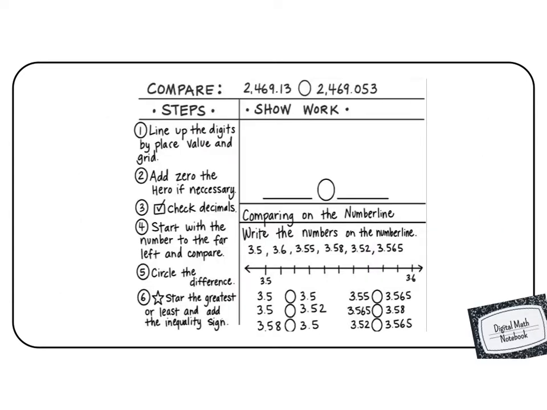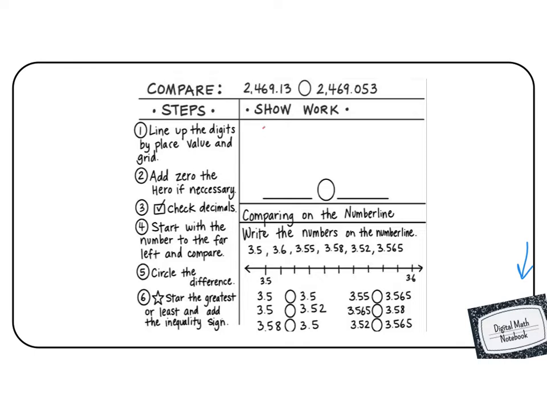In your digital math notebook, you have a slide that looks like this. Remember, wherever there is a red box, you need to compare the numbers. Here are some steps to help us compare numbers. Our first step says that we're going to line up the digits by place value in a grid. So I'm going to take two numbers and write them underneath each other so that I can look at each digit.